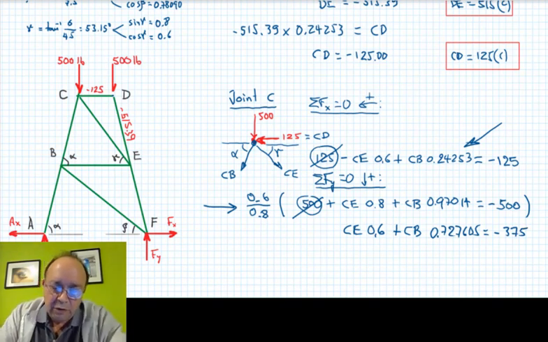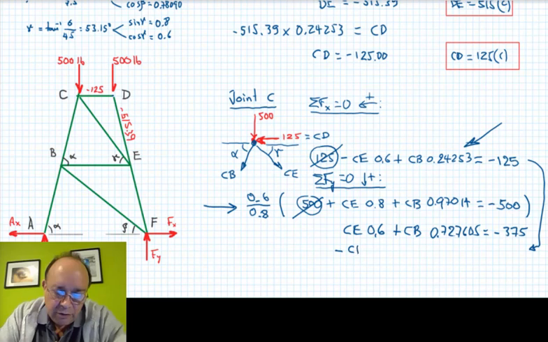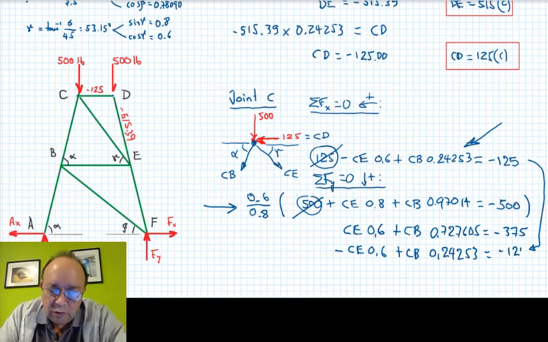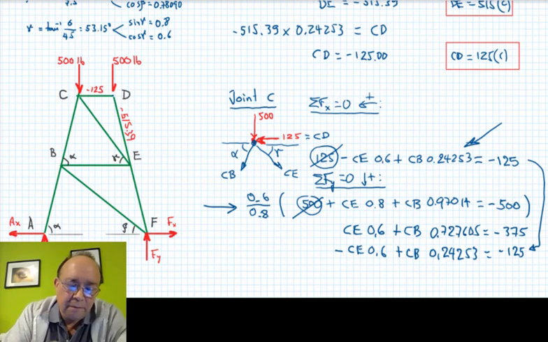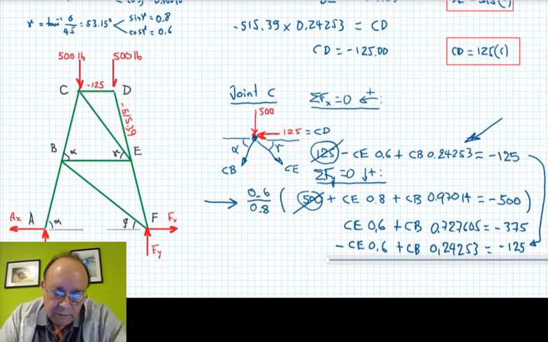Okay, so now we are going to add this equation right here. So this will be minus CE 0.6 plus CB 0.24253 equals minus 125. So we do the summation of this. Nothing here for CE.